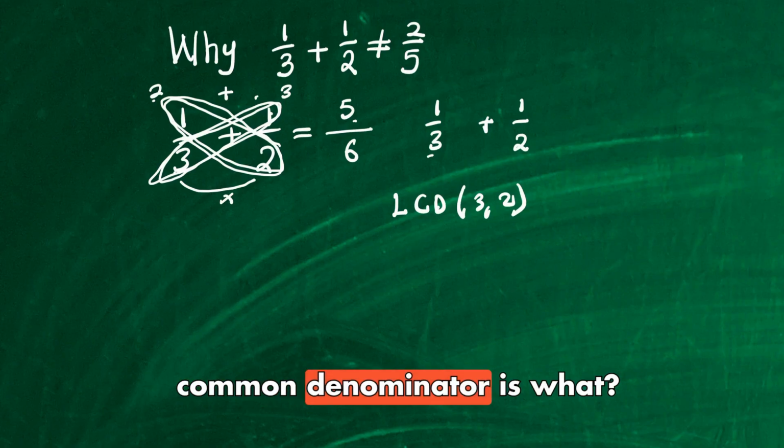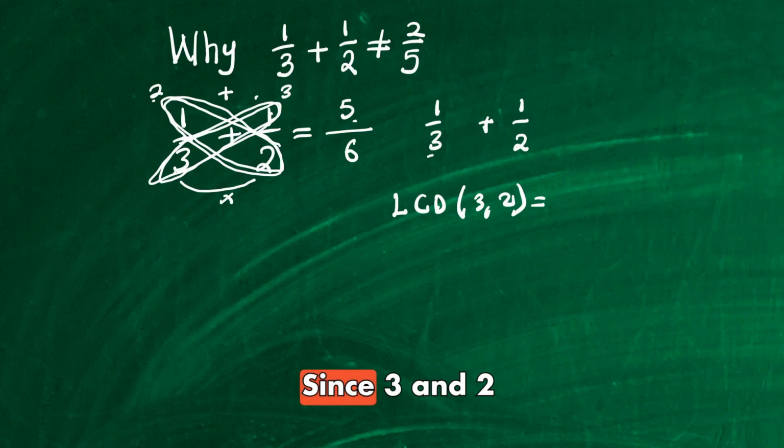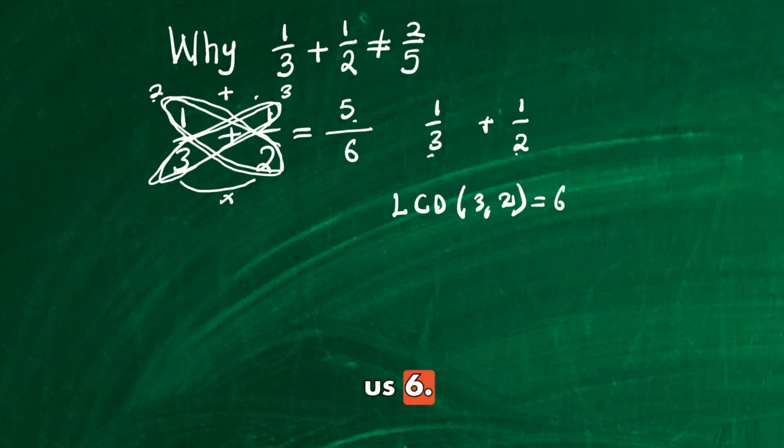So the lowest common denominator is what? Since 3 and 2 are not the same, and these are prime numbers, numbers divisible by 1 and itself, we can just take the product of the two numbers, 2 and 3, which gives us 6. Okay, so meaning that 2 and 3 go into 6 without leaving a remainder.